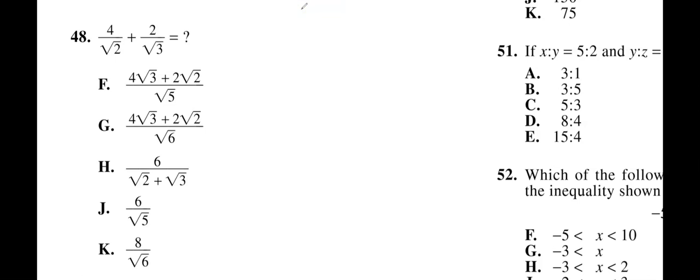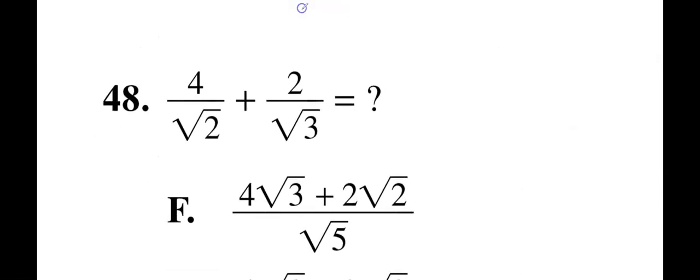All right, now don't overthink this. So let's see here. We got to get common denominators. What's the common denominator between radical 2 and radical 3? Radical 6. All right, so what are we going to multiply? We're going to multiply this one by radical 3, top and bottom, right?